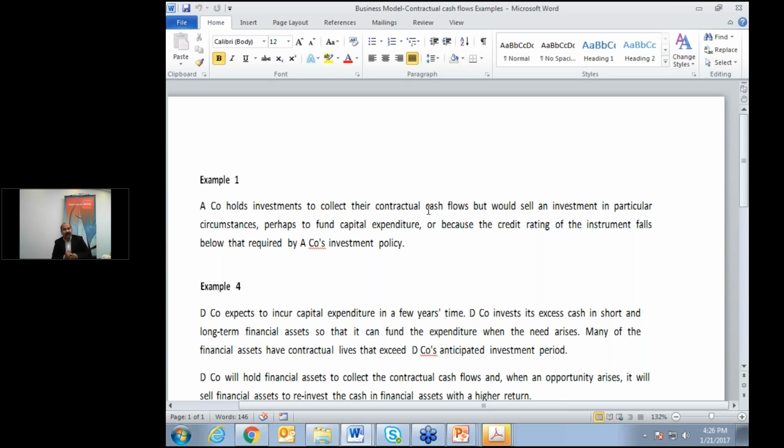So if sales are not frequent, it means they are holding their investment to collect their contractual cash flow. This means a company will have to measure their debt asset subsequently at amortized cost. Do we have any question? If we have any question, please ask them.